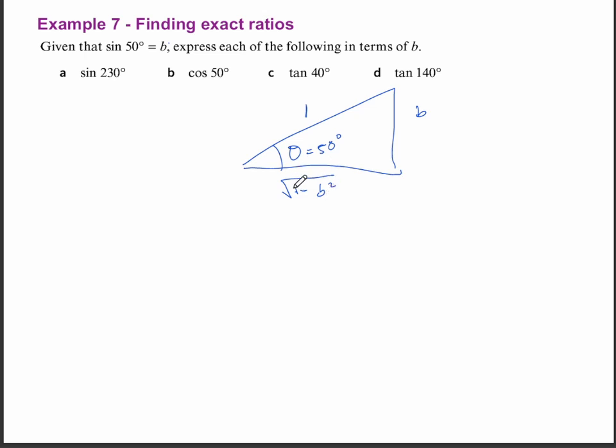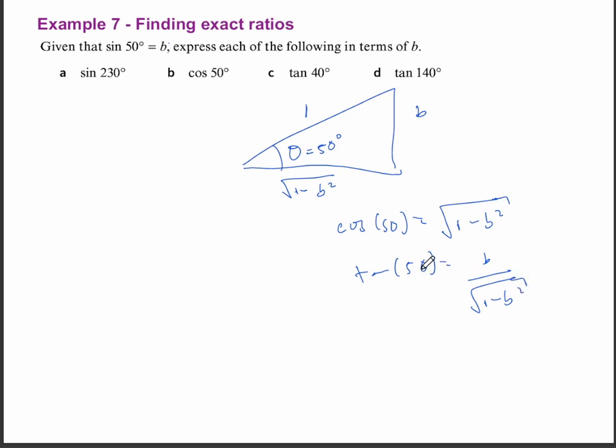And with that, we get our triangle, right? So from this, we can get the value of cos 50 and the value of tan 50 as well. So cos 50 is equal to adjacent over hypotenuse, which is just square root of 1 minus b squared. And tan of 50 is going to be opposite over adjacent, which is b over root of 1 minus b squared.